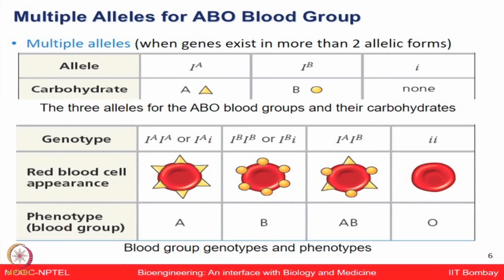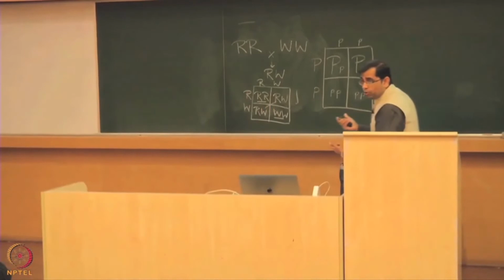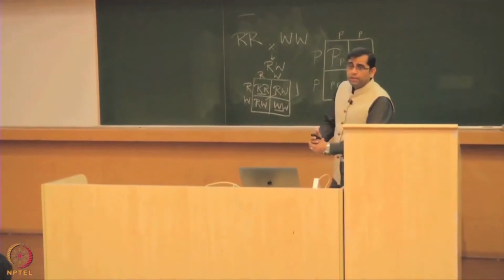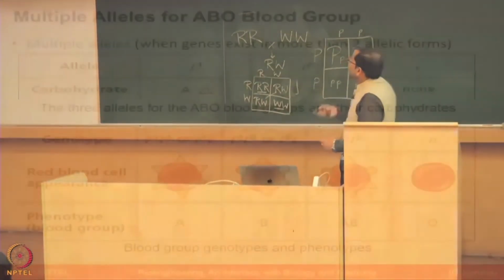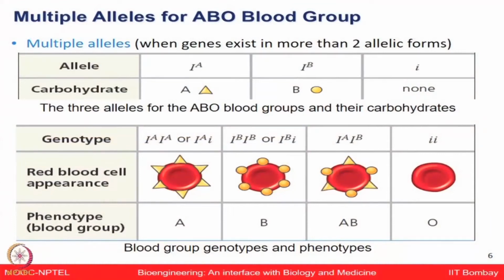Or you have I capital A and I capital A, that is also dominant and is also going to show you the A blood type trait. In the B blood group, we have I capital B and I capital B, or I capital B and a small i. In case of O blood group, we have both small i's, and in AB we have I capital A and I capital B.